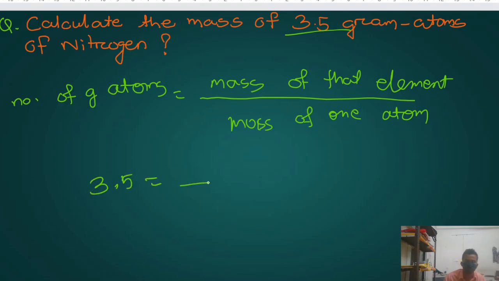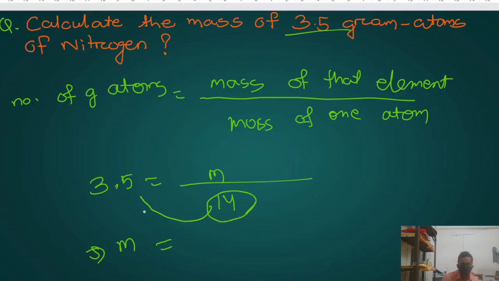So 3.5 is equal to the mass of that element. It is not given to us, so you can write any variable, let's suppose mass m, divided by the mass of one atom. What is the mass of one nitrogen atom? You already know that it is 14. For calculating the mass of that element, m is equal to 3.5 into 14, shifting 14 to the left side.